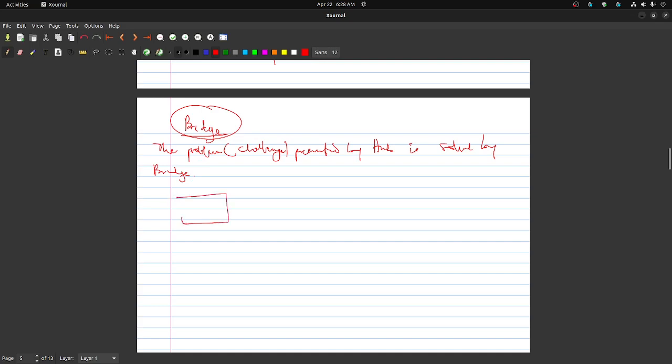We've got computer A, computer B, computer C, computer D. What happens is that a bridge can be installed here.